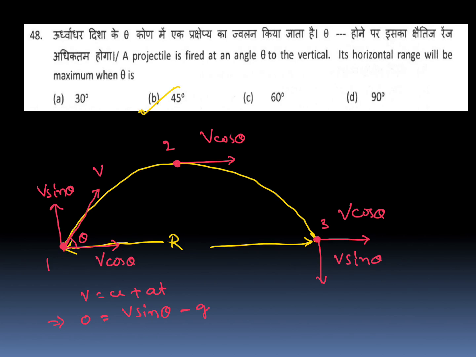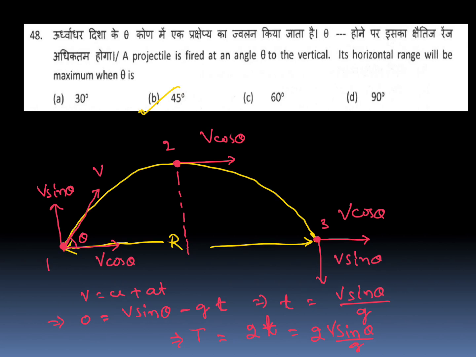So time t equal to V sin theta divided by g. This is the time up to half. Then for the full flight, total time of flight is 2 times small t, or 2V sin theta divided by g.